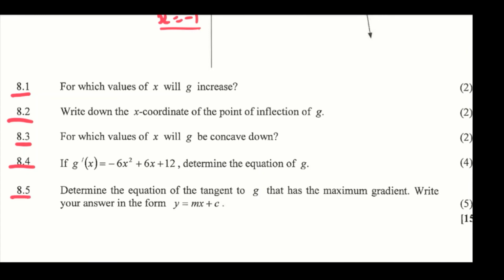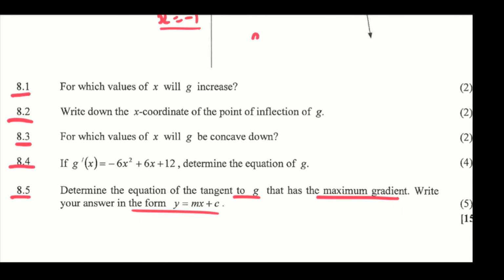8.5, determine the equation of the tangent to g that has a maximum gradient. Write down your answer in the form of, okay, fine. So what we need to do first here is identify that gradient, right?